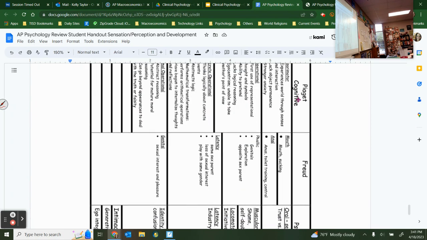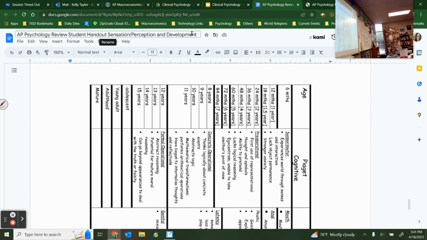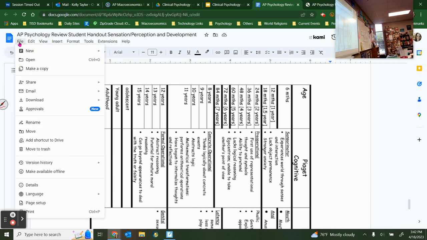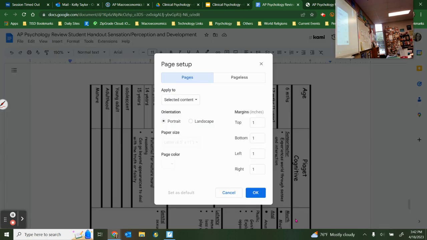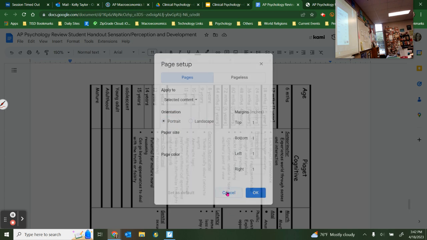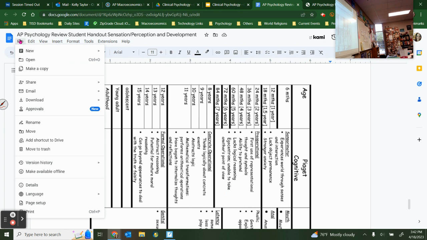Oh, come on. Okay. Hey kids, how do I fix this? You gotta do file and then orientation. Or maybe view. I think it's orientation. Landscape might flip it.